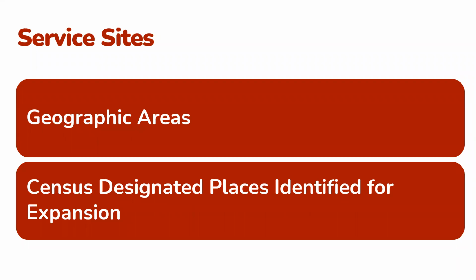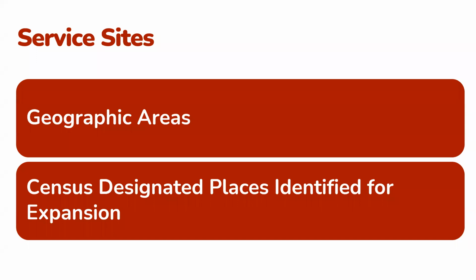Additionally, for the community redevelopment agencies, we have agreements with these 2 community redevelopment agencies to fund programs within those boundaries. Now, there is a lot of information embedded within these maps. It's also very important to understand what those areas are identified for expansion based on current census data.